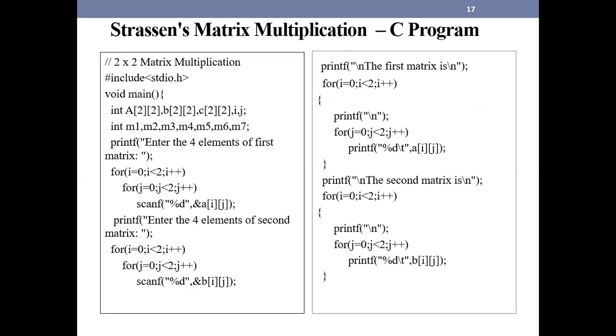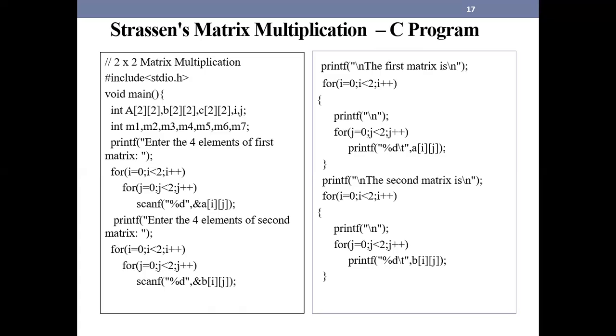And this is a C program for Strassen's matrix multiplication. This is a 2 cross 2 multiplication. We are defining 3 matrices A, B, and C. We have the variables M1 to M7. The first for loop gets the values for matrix A. The second for loop, for i equal to 0, j equal to 0, gets the values for matrix B, and we are printing the input values in matrix format.